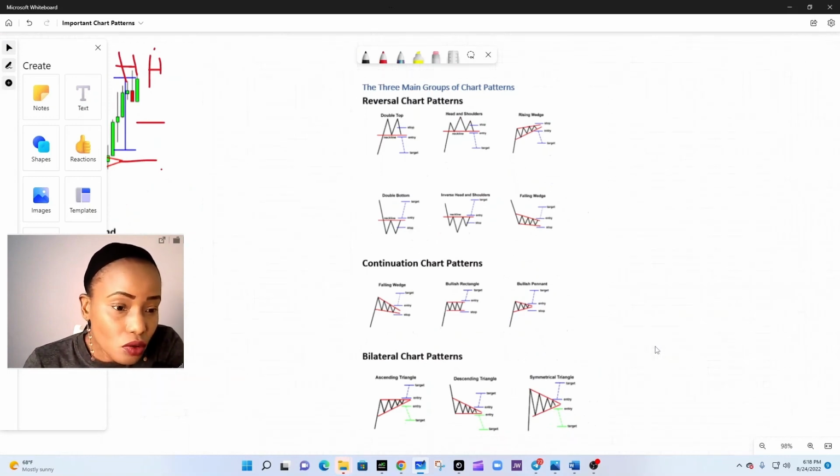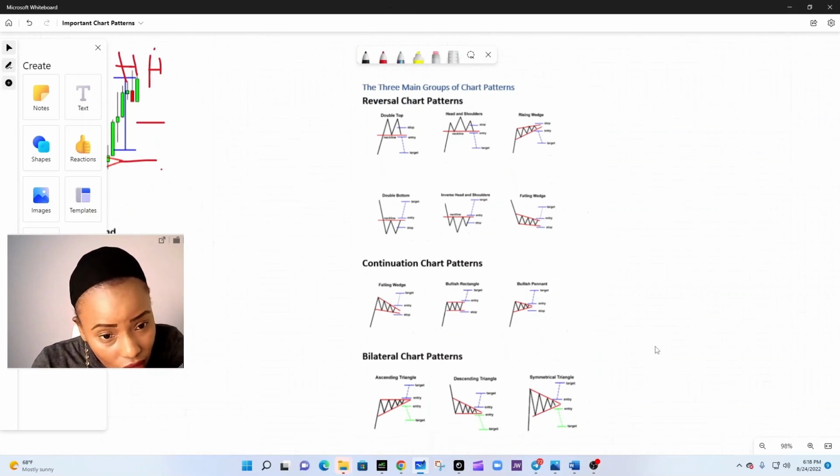So we have reversal chart patterns. You can see double top, head and shoulders, the rising wedge, the double bottom, the inverse head and shoulders, and the falling wedge. Those are reversal patterns. And then we have continuation chart patterns.